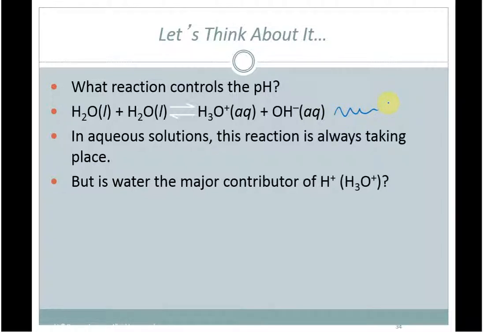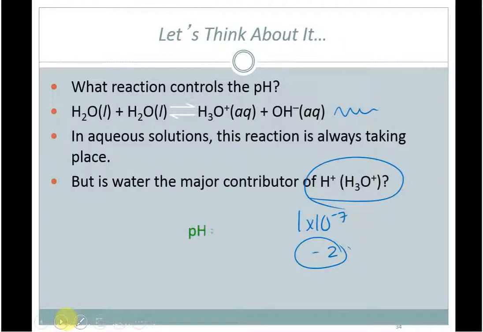Instead, water is only going to give a small portion of the H3O+. This is 1 times 10 to the minus 7, not something to the negative 2, which is 10,000 times more concentrated. So we can really just factor in the fact that nitric acid is essentially the only contributor of the hydronium ion, and use that to find our pH.